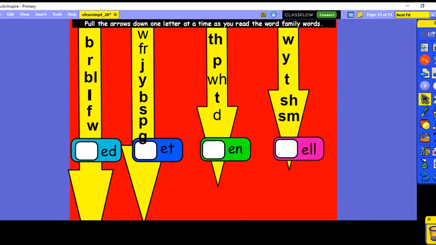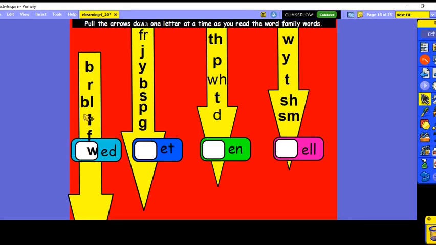Okay, now we're going to pull the letters down, pull the arrows down, and we're going to do some word families with the sound. So these word families have for our vowel. So we'll do ed first.